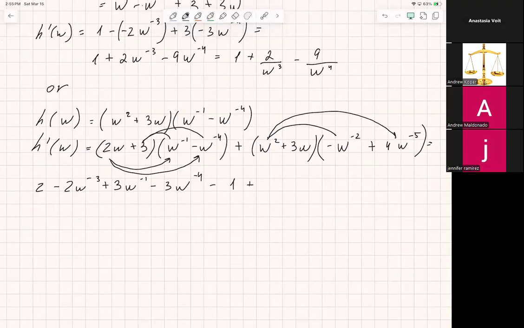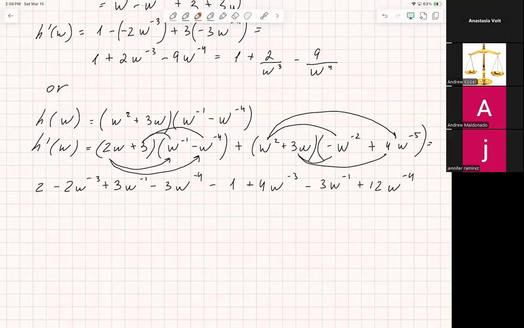So we have plus 4w to the -3rd power. And now 3w times -w to the -2nd power. It's going to be minus 3w to the -1st power. And then the last one is 3 times 4. That's plus 12w to the 1 minus 5, that's going to be w to the negative fourth power.